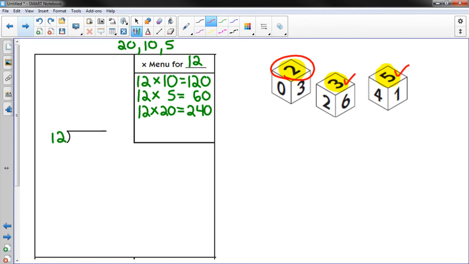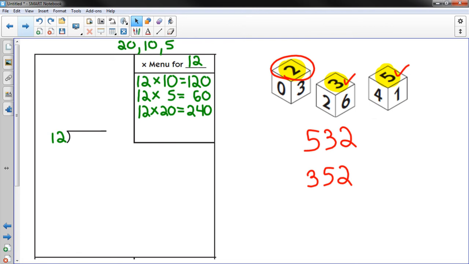So that's what I'm banking on. So I want to make the number 532, or I could do 352, keeping that 2 in the ones place because I'm taking a chance that 12 might go into one of those.